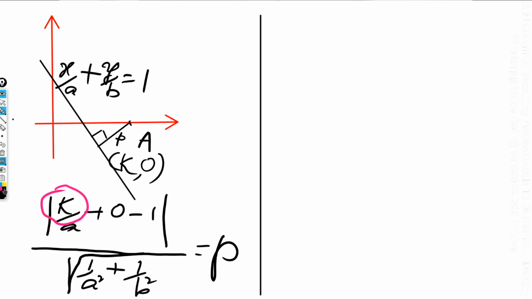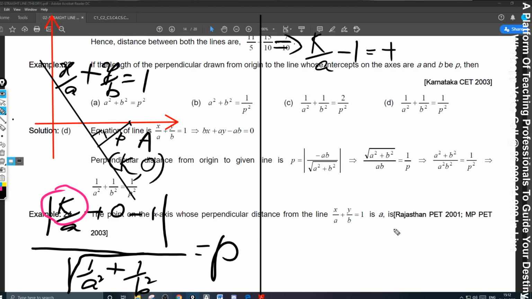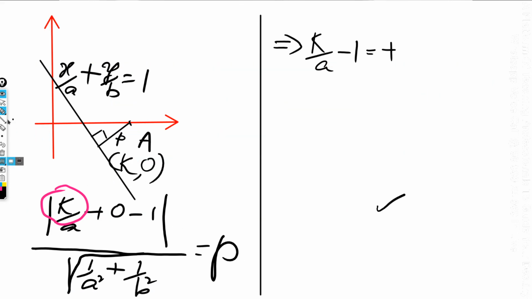So you have to simplify accordingly. K by A minus 1 is equal to, I think the distance is given to be A. Let me check the question box. Yeah, it is given to be A, not P.